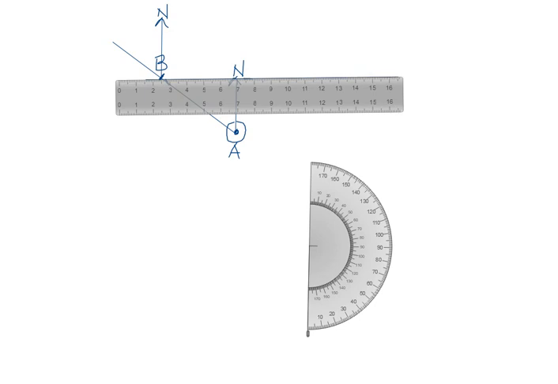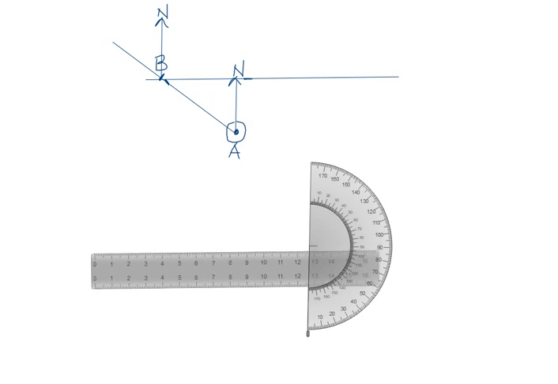Now we can locate C, which is along that line we've drawn, and C is given as being 75 kilometers from B.